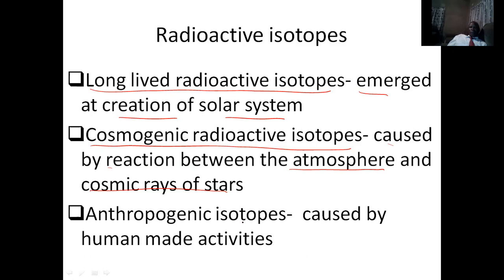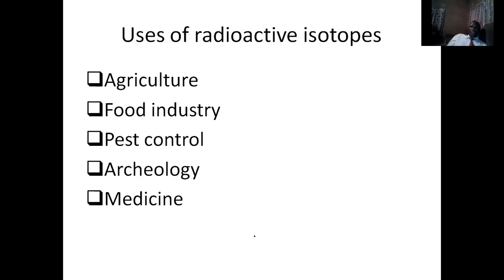And then we have the radioactive isotopes which are formed by human-made activities, and these are known as anthropogenic isotopes. So anthropogenic isotopes are those which are made by man. And so the radioactive isotopes have a range of uses. They can be used in agriculture, in the food industry, pest control, as well as archaeology, as well as in medicine.